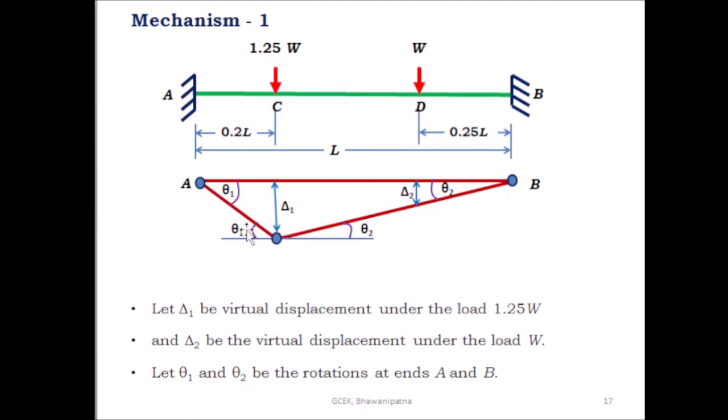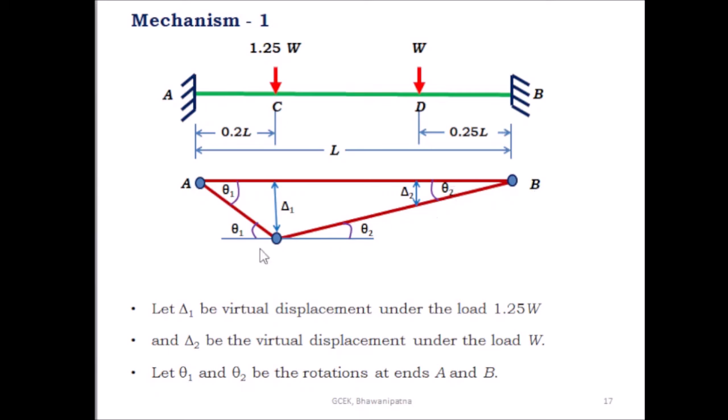So the internal work done is Mp into theta 1 plus theta 2. And what is the internal work done at the plastic hinge B? Here the plastic moment capacity is Mp and the rotation is theta 2. So the internal work done at B is Mp into theta 2.